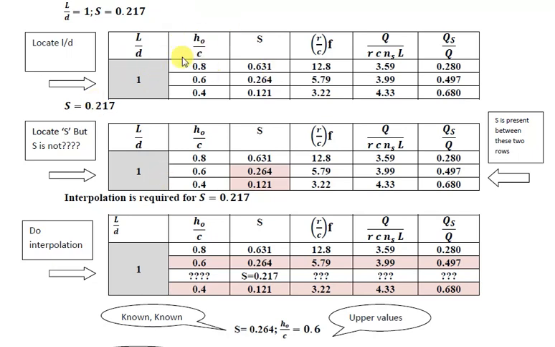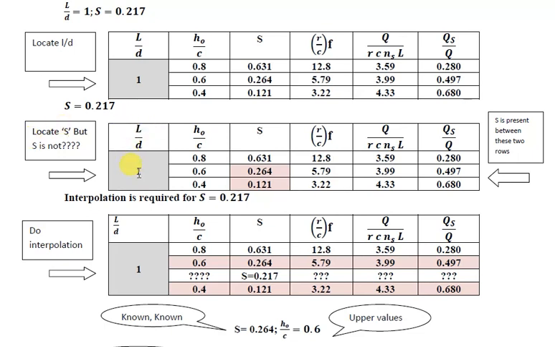Now we will look to this Raimondi and Boyd chart, and first step is that we have to locate L by D ratio. So in this first step we located L by D ratio as 1. So the first column is verified as 1 as L by D. Then next step is that you have to locate the corresponding S from the table.